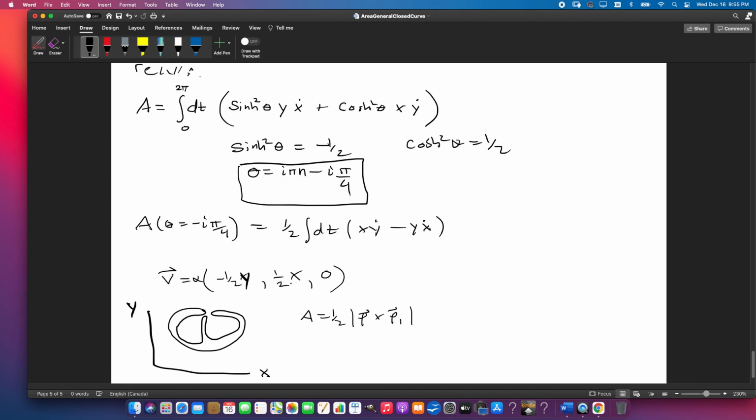But this doesn't make any sense because I could have chosen another vector. Is there something special about this vector? It seems like this vector corresponds to a case where my perimeter is totally visible. But the area shouldn't depend on this vector.